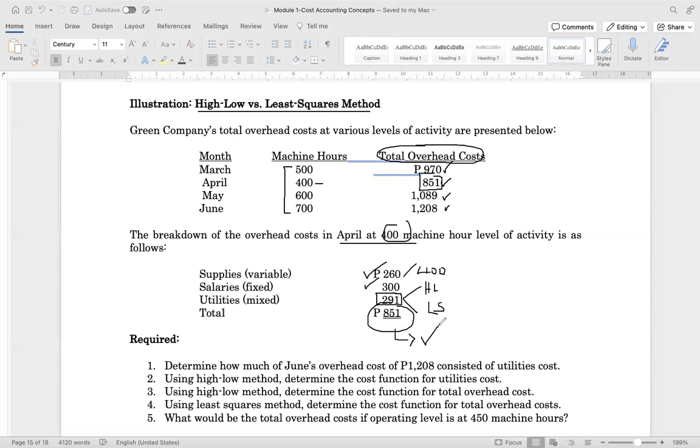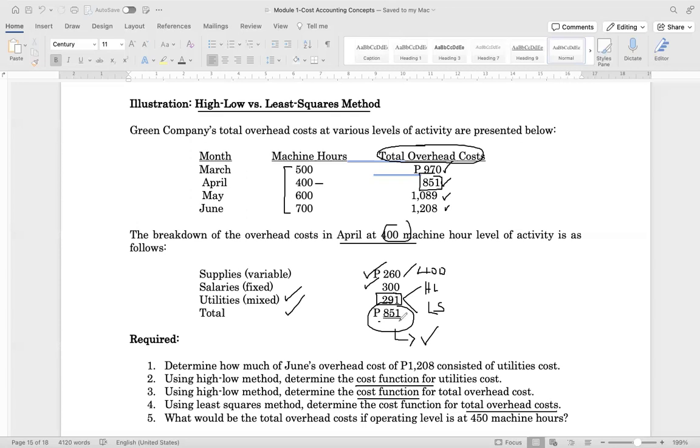Because again, it can be determined through high-low or least square, depending on whether we apply the cost function for utilities in specific, or the cost function for total overhead in total. Now, using the least square method, determine the cost function for total overhead.